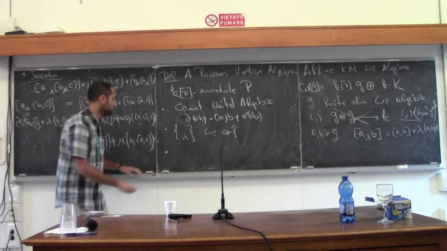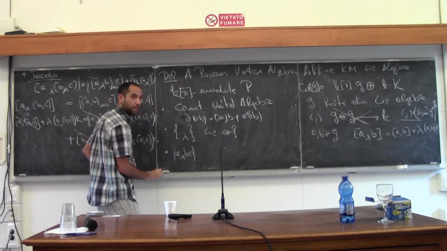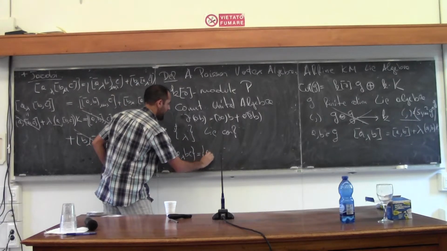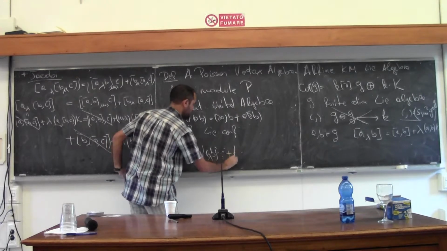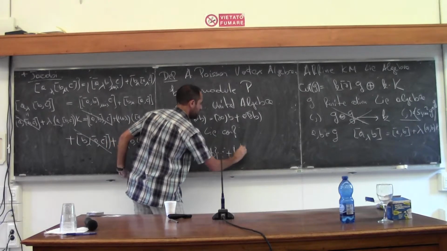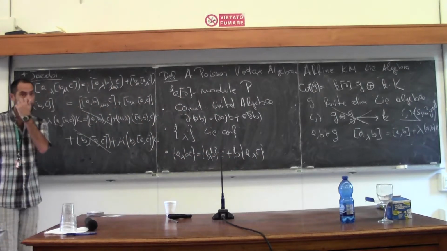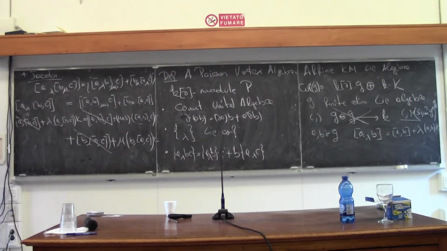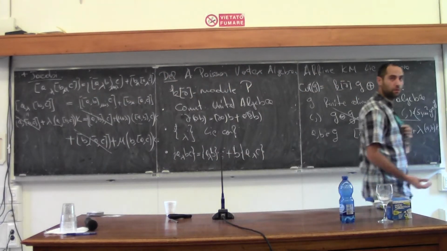Leibniz is a trivial one: A lambda bc is equal to A lambda b times c plus b A lambda c. So the usual Leibniz. And that's a Poisson vertex algebra. So I didn't change anything. I only changed what the notion of Lie algebra was.